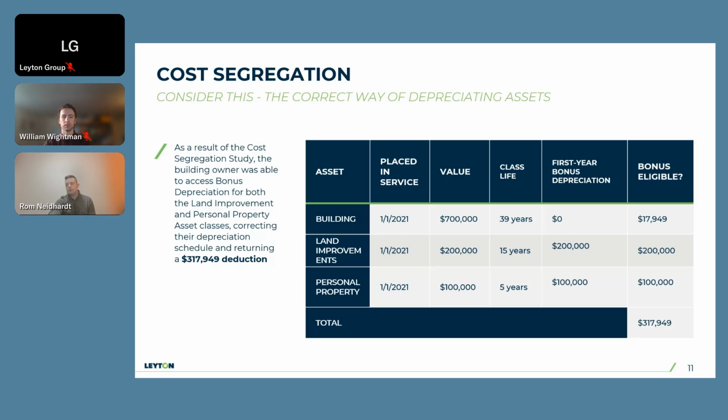Even though you're leaving $700,000, 70% of the costs, in a 39-year class life, you increase your depreciation deduction that first year from $25,000 to $300,000, making that $275,000 available to you to reinvest in more properties, pay employees, do whatever it is you want to do with that money. You're not giving the IRS a 40-year loan anymore. You get to keep that in-house and use that for whatever you need to do.